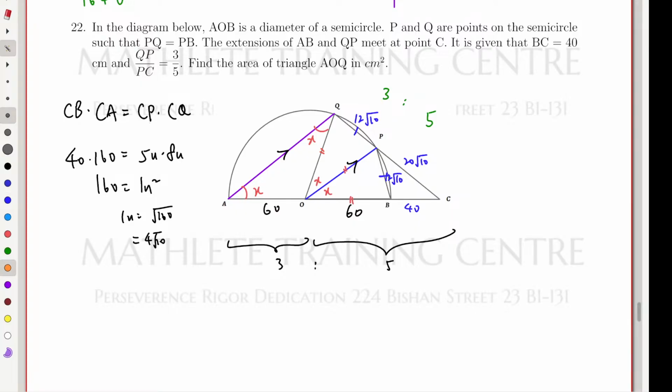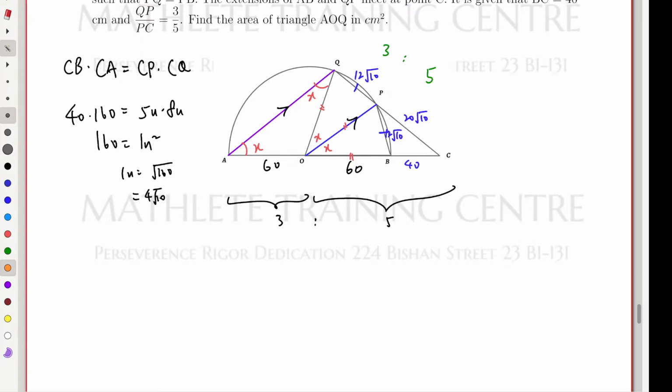So we can use it to find the area of this. And after we find the area of this, are we done? We can be done, because from this area and from the fact that we have 3 to 5 and this being a 6 to 2 at the bottom, you can know the area of the entire triangle. And once you know the area of the entire triangle, you know the area of AOQ. So that will be the rough idea.